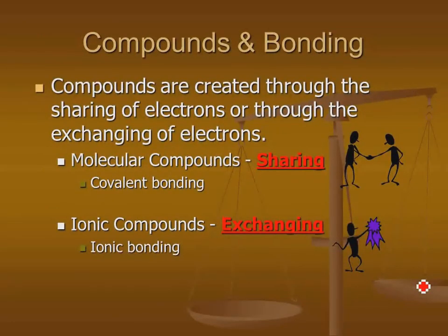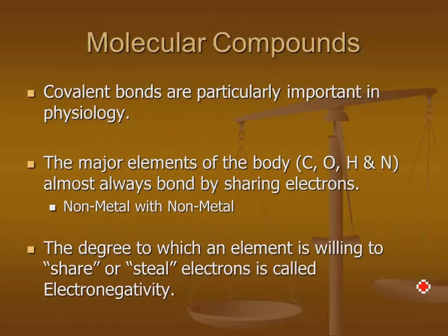And we talked about covalent bonding being sharing, ionic bonding being where one is exchanged and given to another. Somebody receives one and somebody gives up one. We're going to come across a lot of covalent bonding in our world.